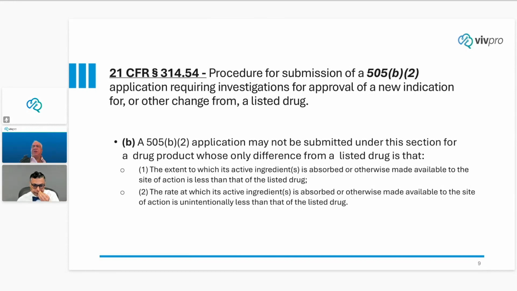In that case, I don't think you can base it only on BE. I think you need additional information, for example the drug interaction between the two drugs, and because of the combination, you might need to satisfy the drug combination requirements. But yes, it will be a 505(b)(2) application also.